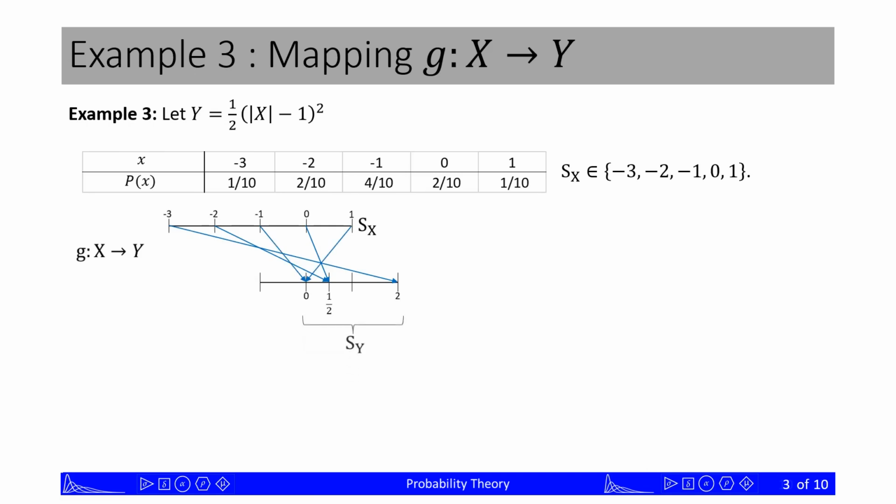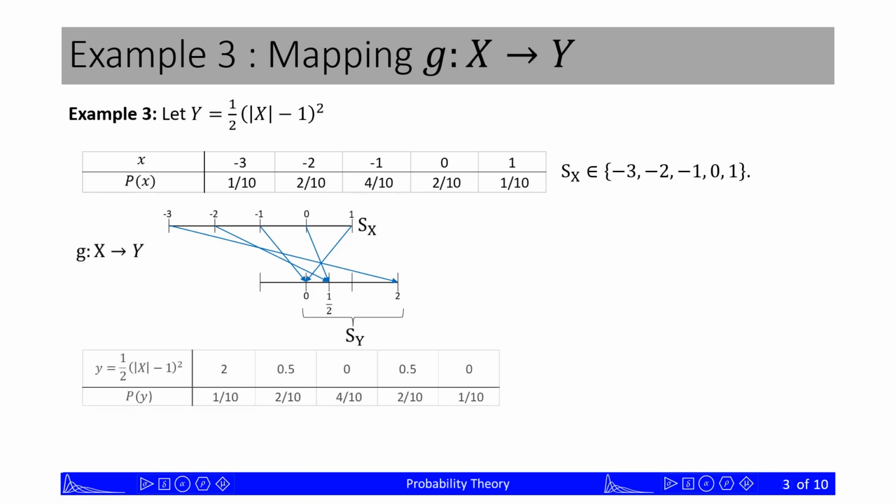Now, if the support of x included a +2, it would map to the same place as -2. Likewise, +3 would map to the same place as -3. So this transformation is symmetric about x equals 0. Again, the first table shows how each value of x maps to y and the associated probability that follows that particular path.